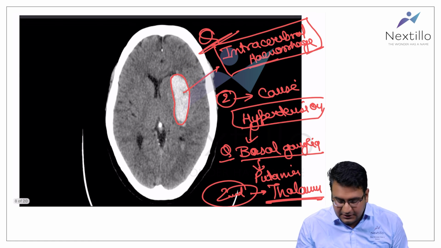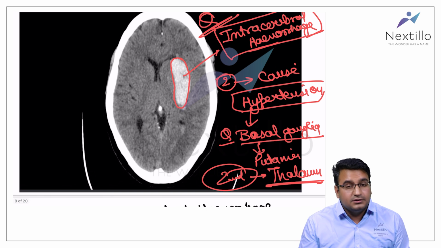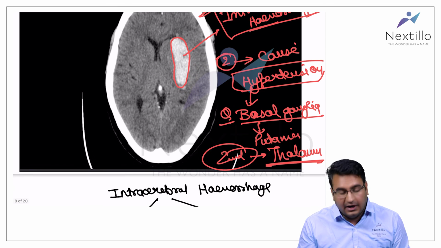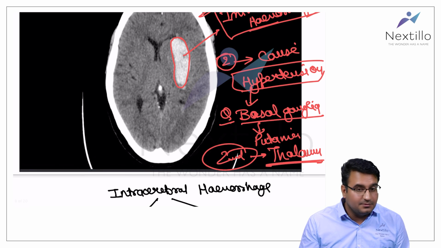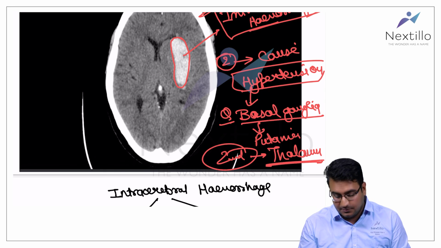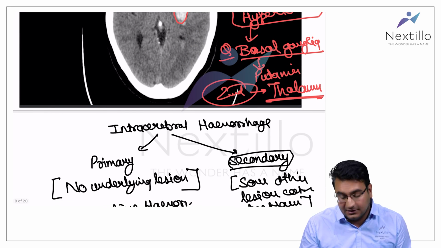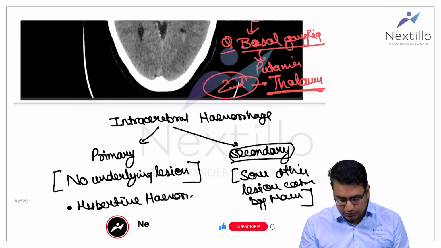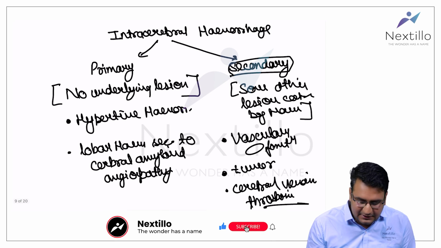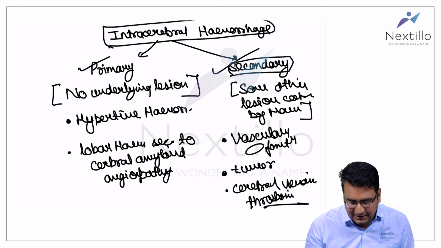And the next one was intracerebral hemorrhage. Okay, so the most common cause is hypertension. And the most common site of hypertensive bleed is basal ganglia. And within basal ganglia, putamen is the most common site. Beyond that, the second most common site, sometimes it has been asked, is thalamus. Then intracerebral hemorrhage, we have talked about it, could be primary or secondary.